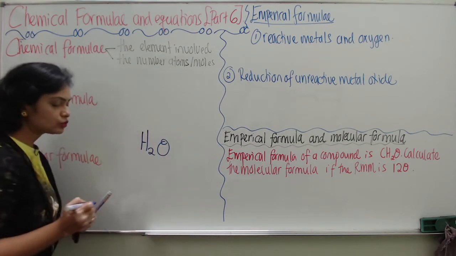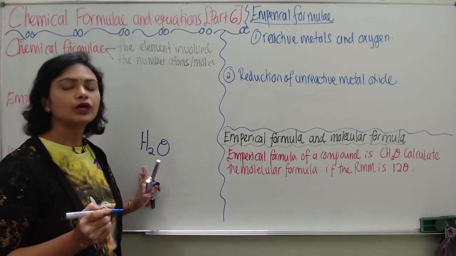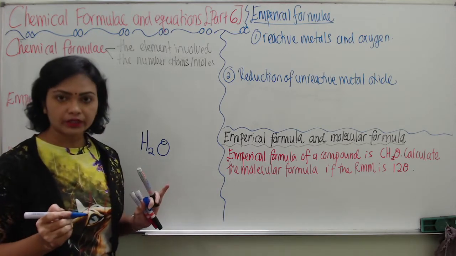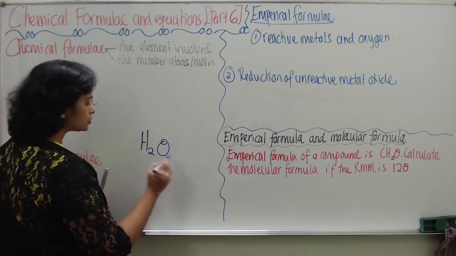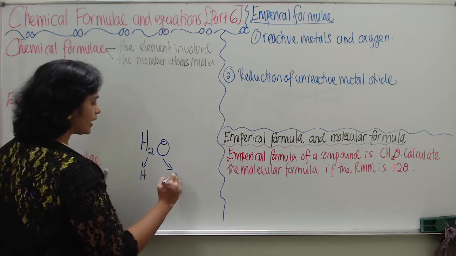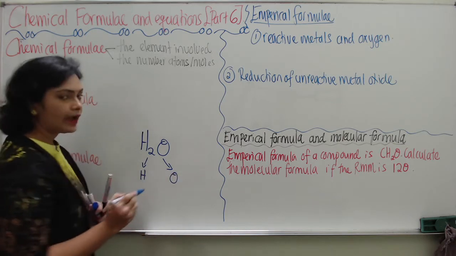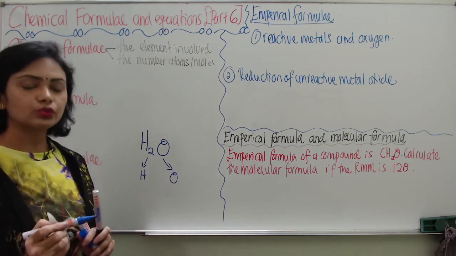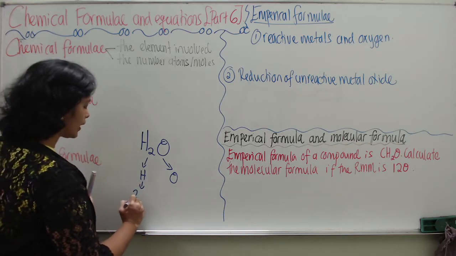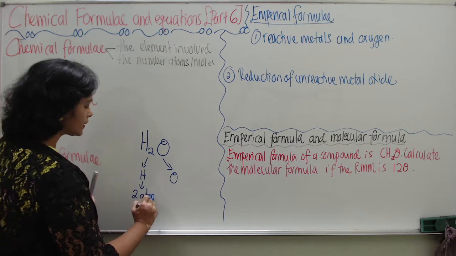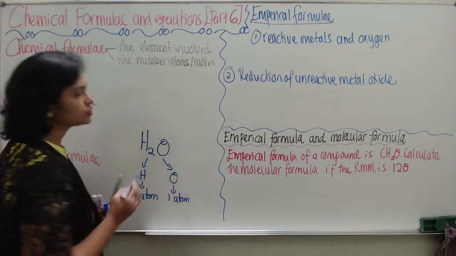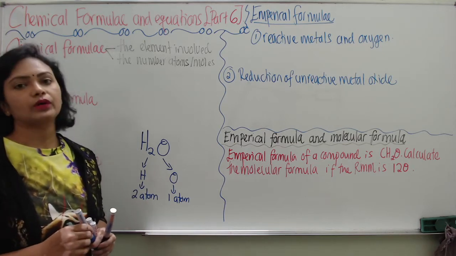For instance, H2O is the chemical formula for water. From here, students know that the elements involved are hydrogen and oxygen. Another piece of information obtained is that we have two atoms of hydrogen and one atom of oxygen in a water molecule.